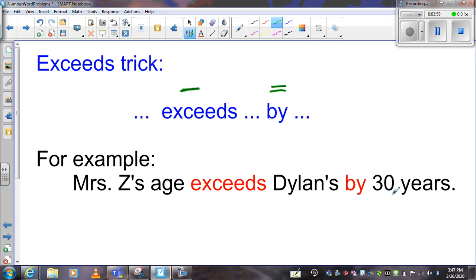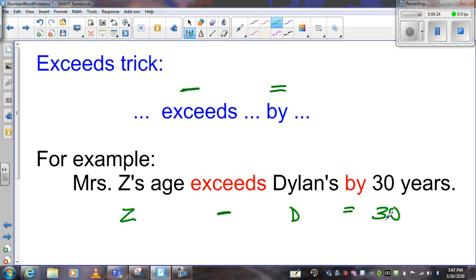What that means is I'm older, my age is bigger by 30 years. So I could say Z for Zagrosi, with exceeds I'm going to use minus, Dylan, we'll use a D, by is equals 30. Basically I'm taking the larger minus the smaller equals the difference.